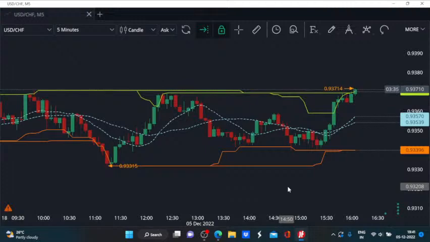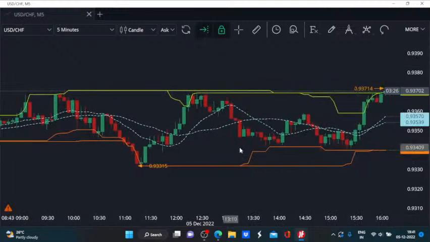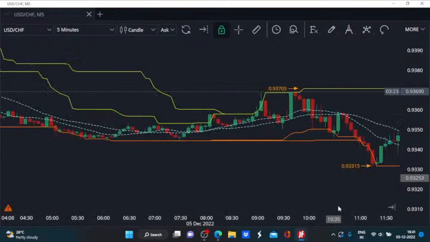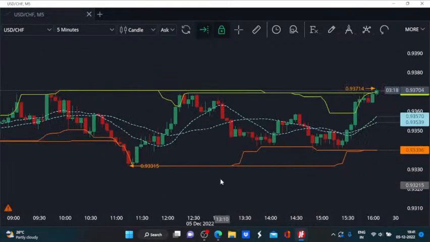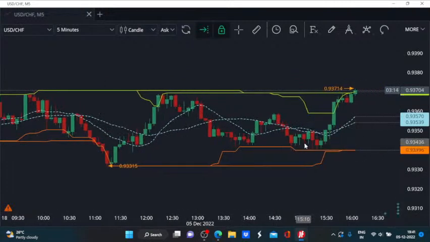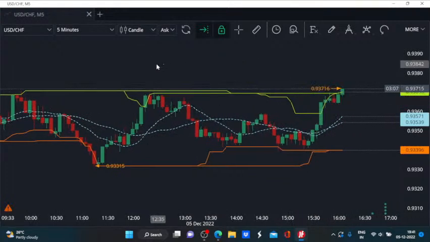The CHF is in a weaker position, but it is not strongly weak. If we look at its price formation, it has traded in a narrow range. It made this low at 0.9331, and after that it went into this corrective phase, and now again it is seemingly charting the second leg higher. So this is also a trade in which you can bet on the side of the dollar, not against the dollar.